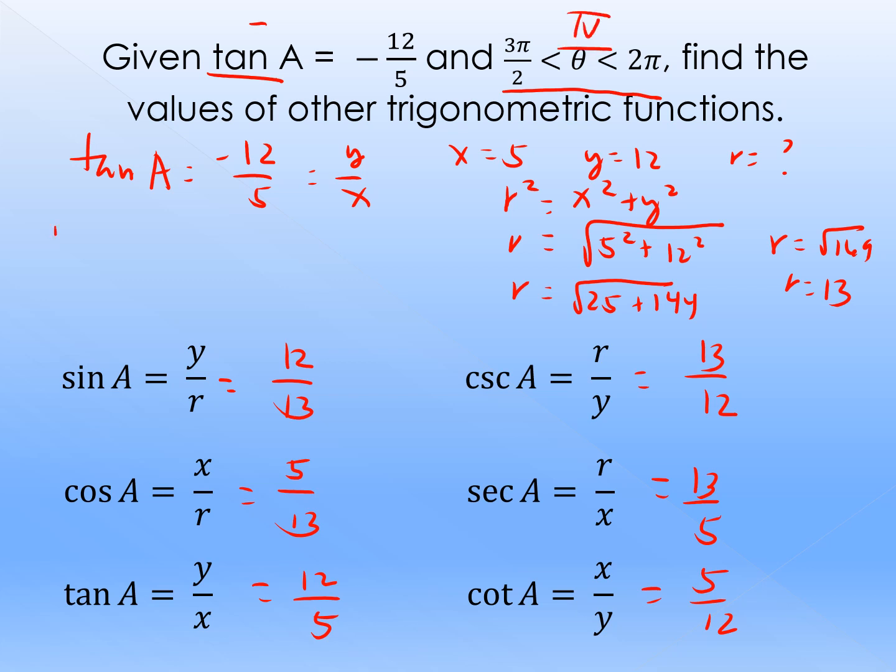So in quadrant 4, the rule is only cosine and secant are positive. So therefore, only cos A and sec A are positive. Otherwise, sine A, cosecant A, tangent A, and cotangent A are negative. So we're going to put negative. And that will be our final answer.